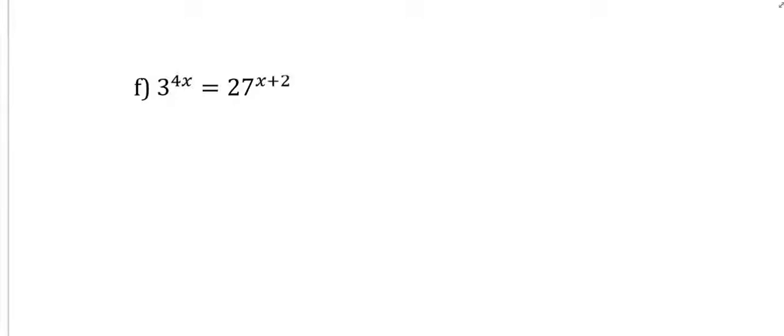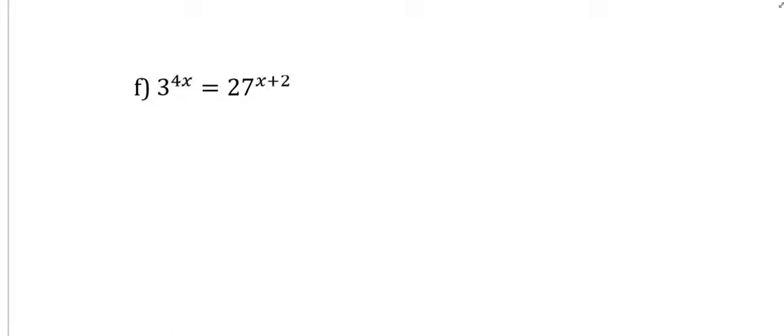Just going to show, we got 4 more examples, and they're all slightly different types. I've got a base of 3, and I've got a base of 27. How can I rewrite them to be the same? Which is what in this case? It's not quite the lowest common multiple, but you're right.